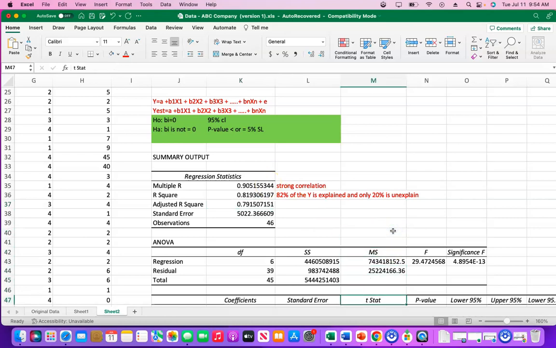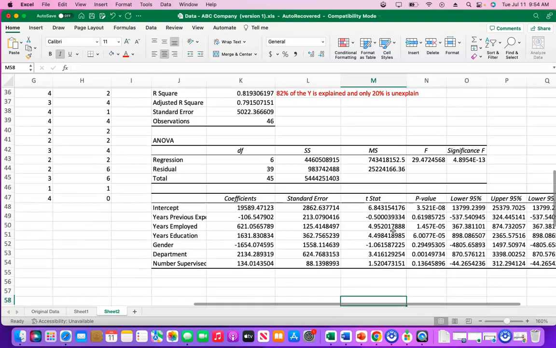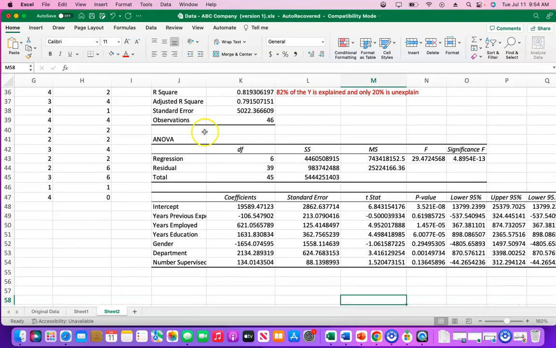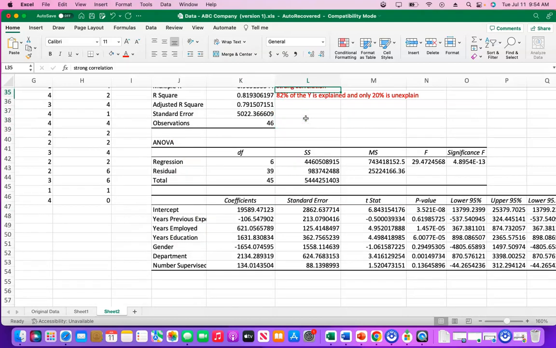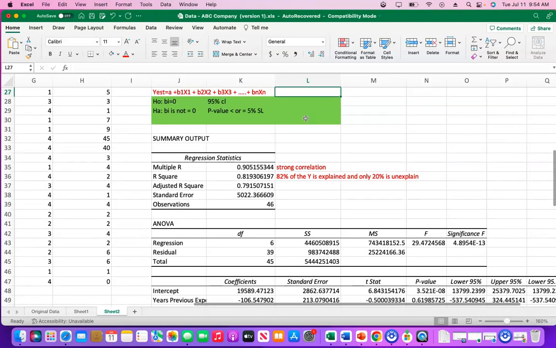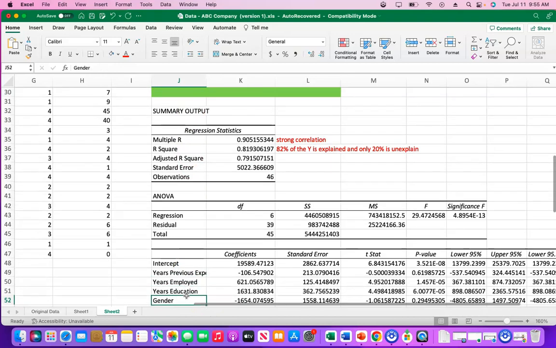And then we need to look at the coefficients. Here we have the y-intercept, and in our model we have it here, A, and then we have all these other variables.